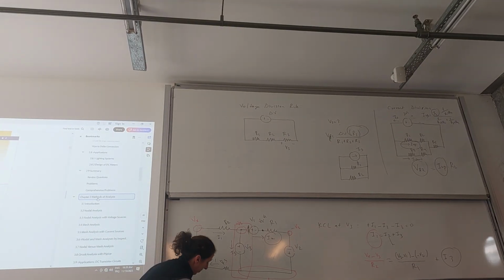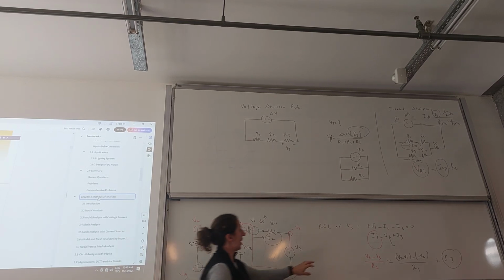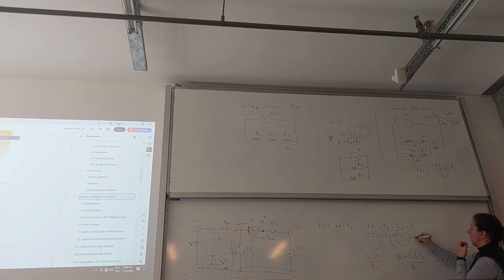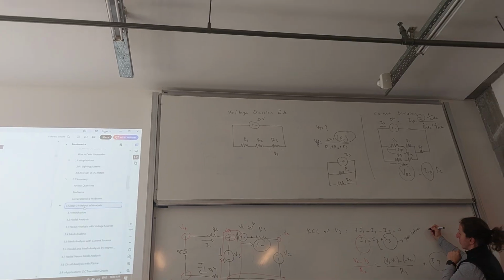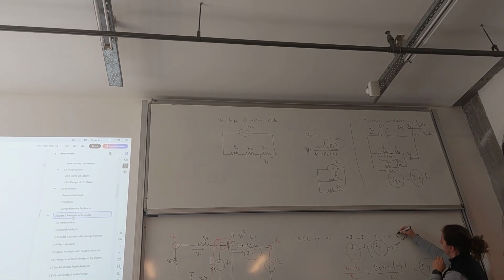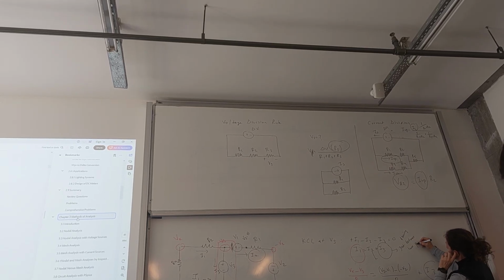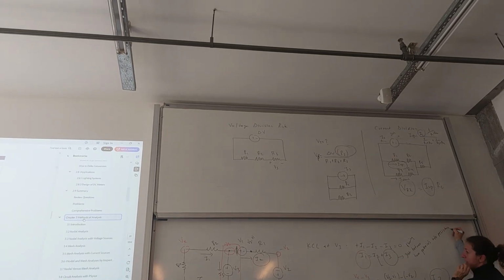But remember the problem with the supernode. When you have a supernode, you cannot write this equation because you don't know how to write the value of this current, since it's just flowing between two potentials without any resistance. But that doesn't mean that there is no current there.